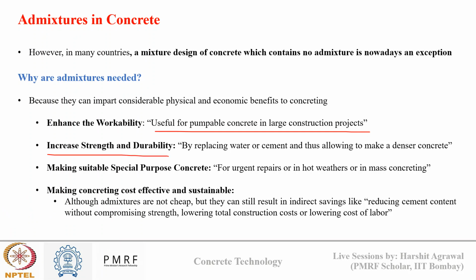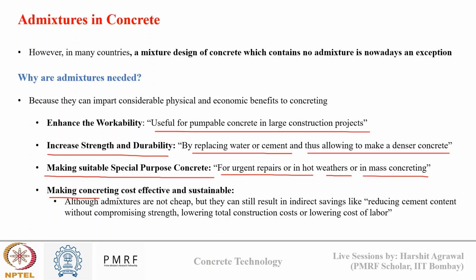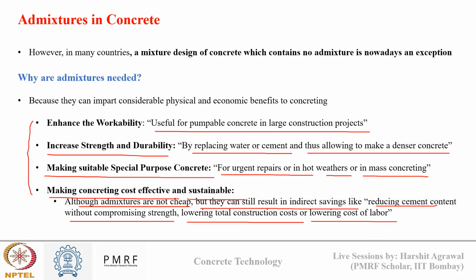Admixtures can increase the strength and durability by replacing water or cement to allow making a denser concrete. They can help us make suitable special purpose concrete which may be used for urgent repair, in hot weather, or in mass concreting, and they make concrete cost effective and sustainable. Although these admixtures are not cheap, they can still result in indirect savings, like reducing cement content without compromising strength, lowering the total construction cost, or lowering the cost of labor. Because of these key reasons, the use of admixtures has become very important in concreting.